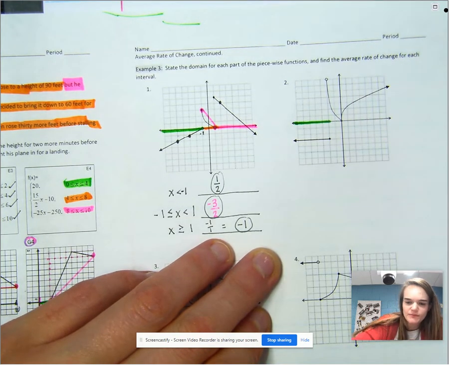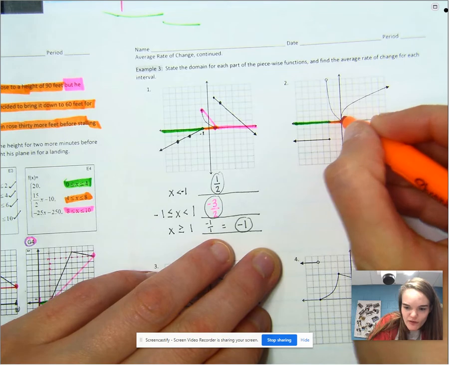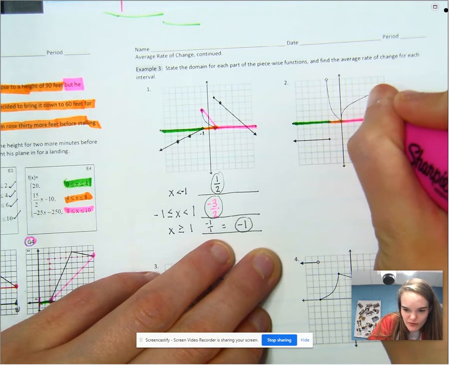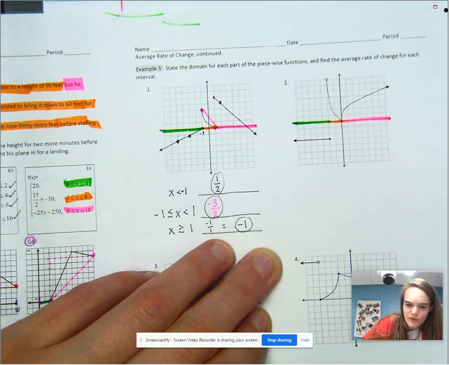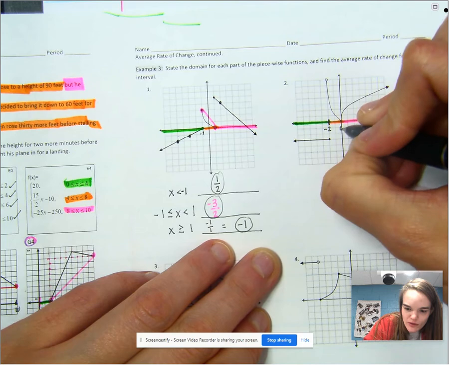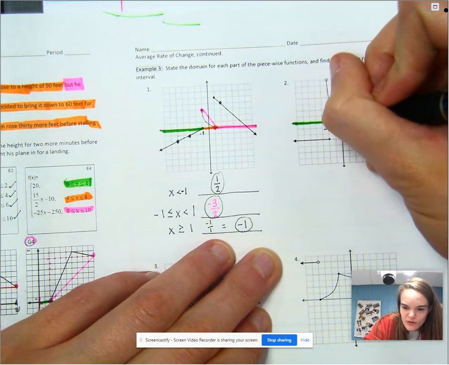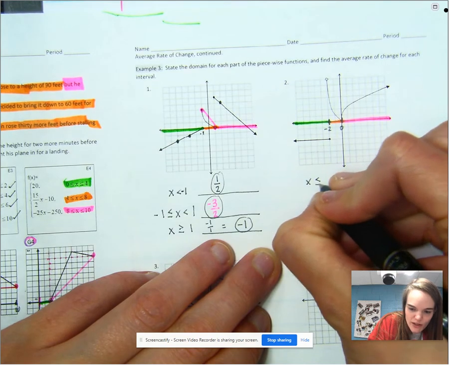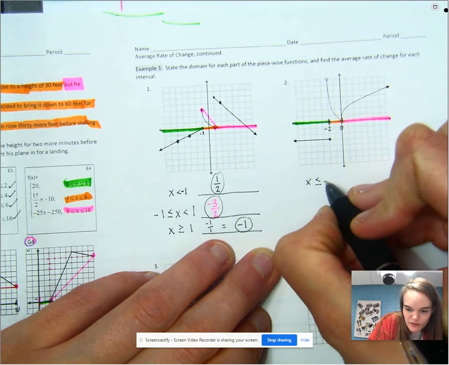One of our sections. Here's another. Here's the last one. So we've got 3 pieces. This is negative 2 and 0. So we've got the values when x is less than or equal to, because it's closed, negative 2.